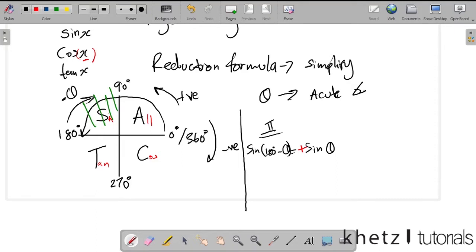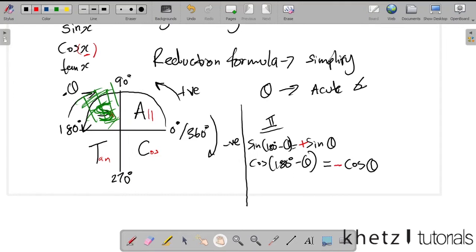Now, if you were to input something like cosine of 180 degrees subtract theta, which also falls in that quadrant over there, as you can see, we have S in this quadrant, which means only the sine function is positive, and therefore we expect our cosine to be negative, and therefore we'll have negative cosine of theta as our reduction formula in the second quadrant.